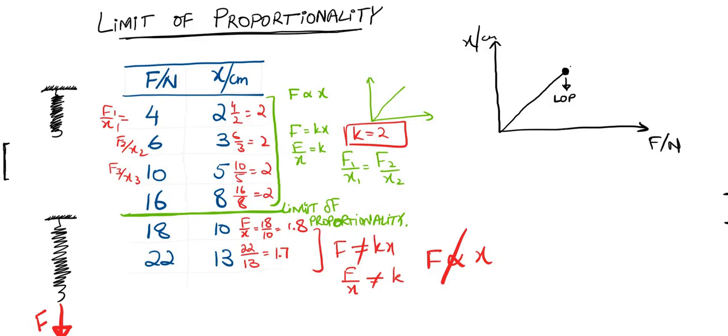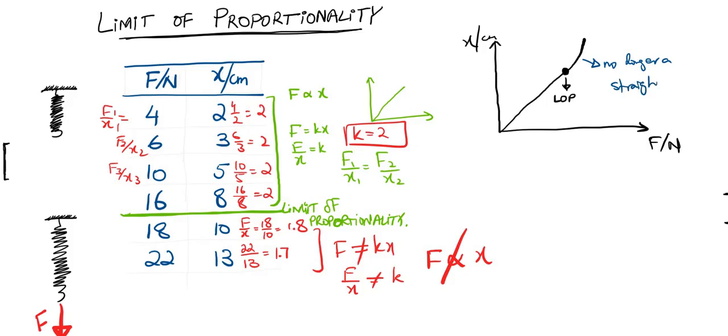The graph will curve upwards. See? Extension is on y-axis. Upwards extension increase कर रही है, तो beyond limit of proportionality extension ज़्यादा हो जाएगी with the same amount of force. तो the graph will not be a straight line. No longer a straight line.